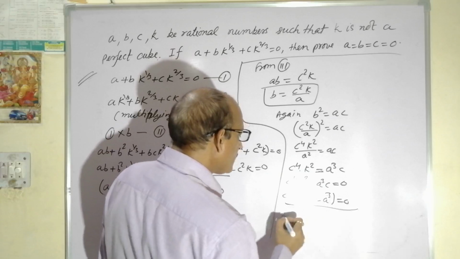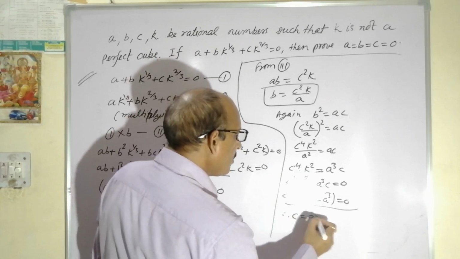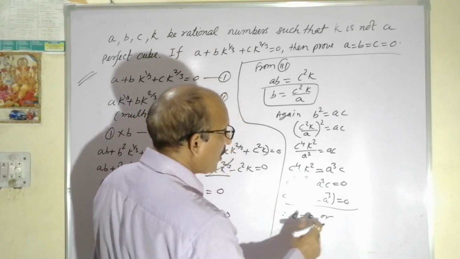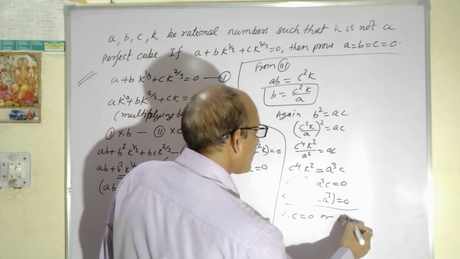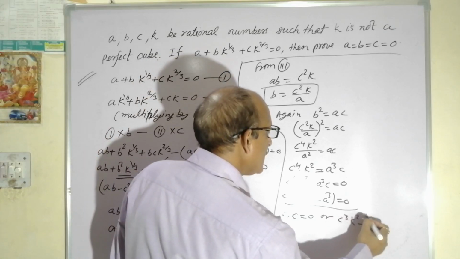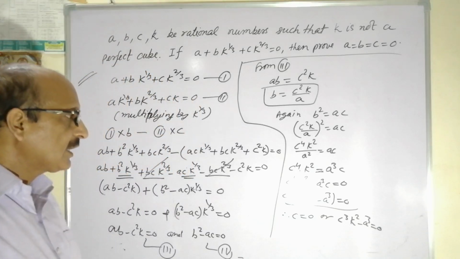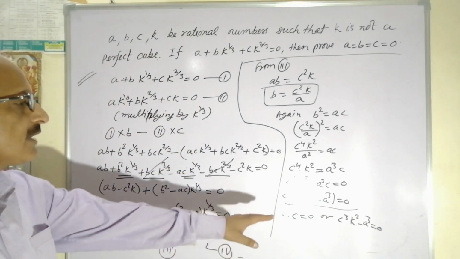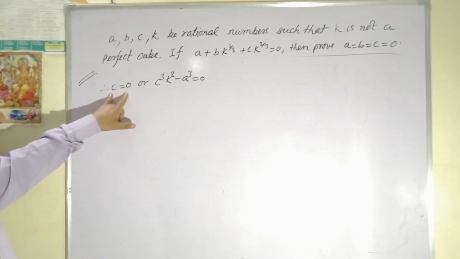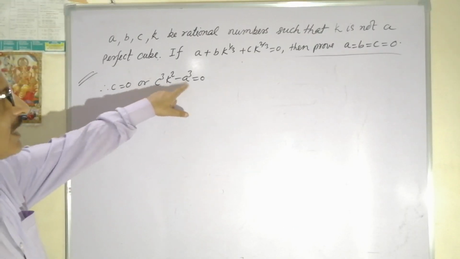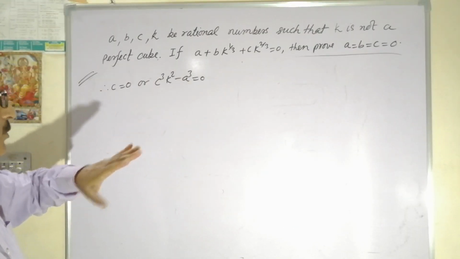Therefore, either c is 0 or c^3 k^2 minus a^3 is equal to 0.